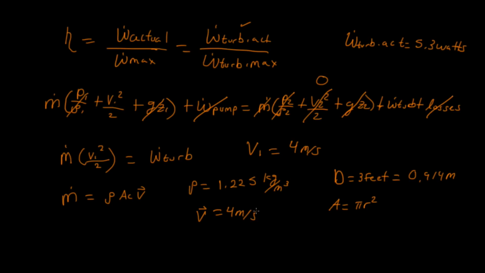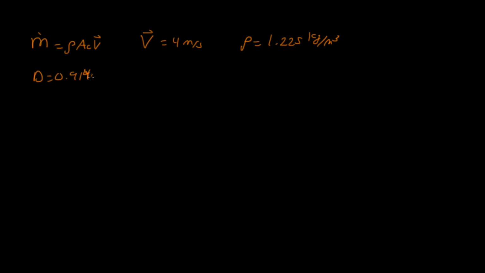Okay, so let me go ahead and get some more room. Okay, so we had mass flow rate equals rho AV. We have velocity equals 4 meters per second. We have density equals 1.225 kilograms per meter cubed. And I'm going to calculate my area using my diameter, which is 0.914 meters.